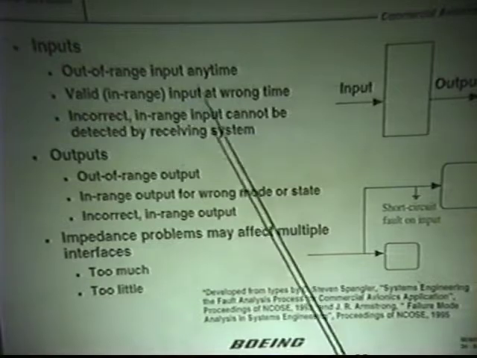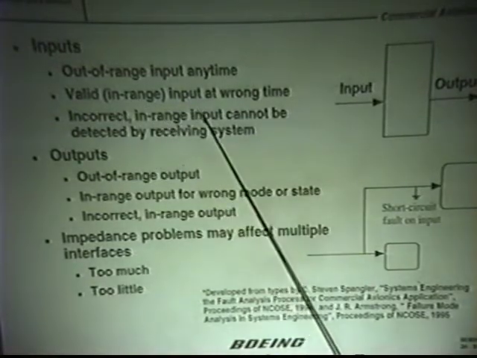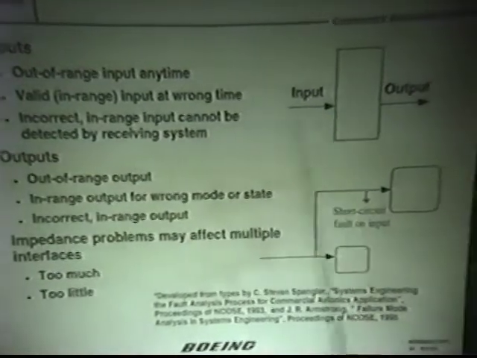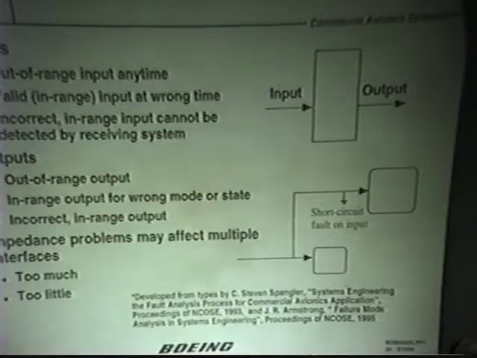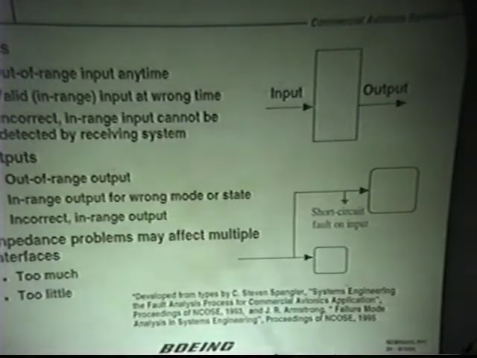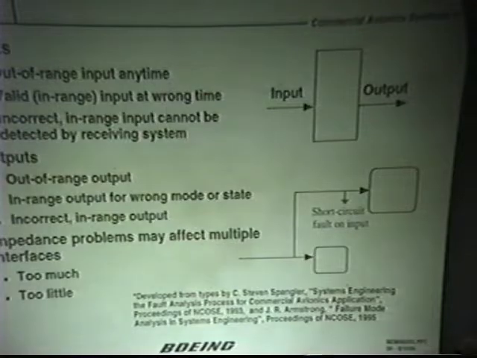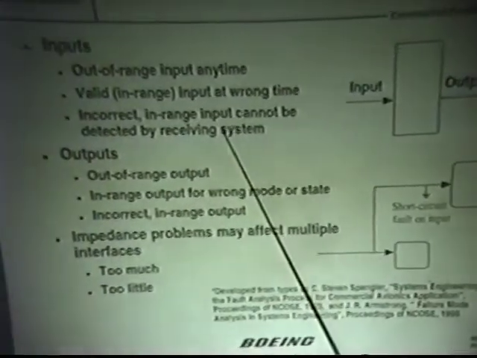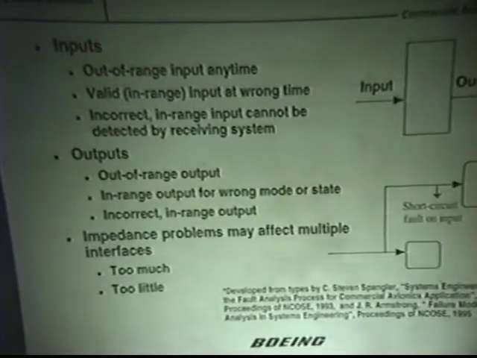In other words, anytime an in-range variable is received at the right time, it has to be accepted as truth by the subsystem receiving it, unless there's some means for independently checking a redundant input, for example, where it can compare and say, well, these don't agree. And then, of course, our analysis has to say what to do if the inputs don't agree. So I have this listed explicitly, but you can generally not analyze this because, as far as the subsystem is concerned, it's a good input.